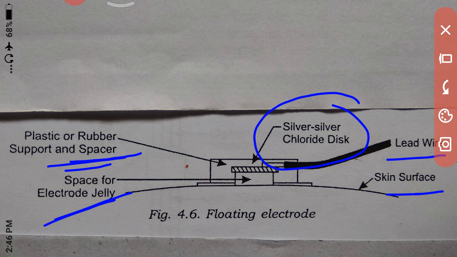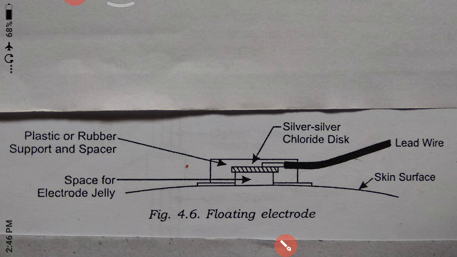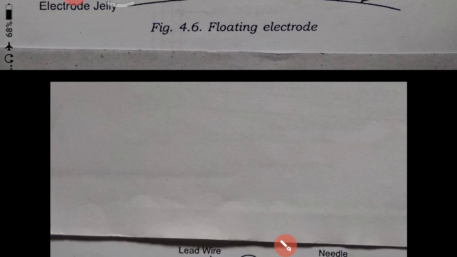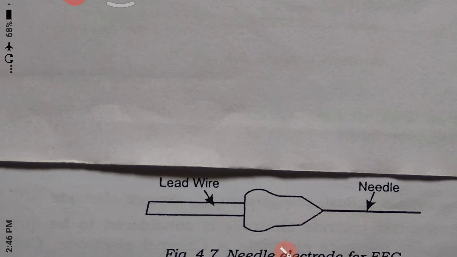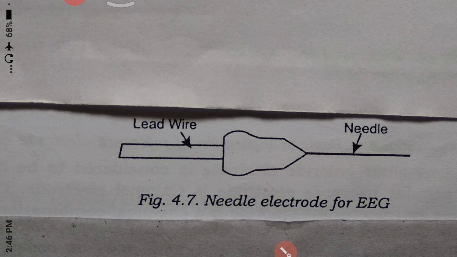Next is the needle electrode, and how to penetrate the needle electrode into the human physiology. The third one is the needle electrode for the measurement of electroencephalography, that is, brain potential. It is simply inserted through a small section of the skin just beneath the surface and parallel to it.